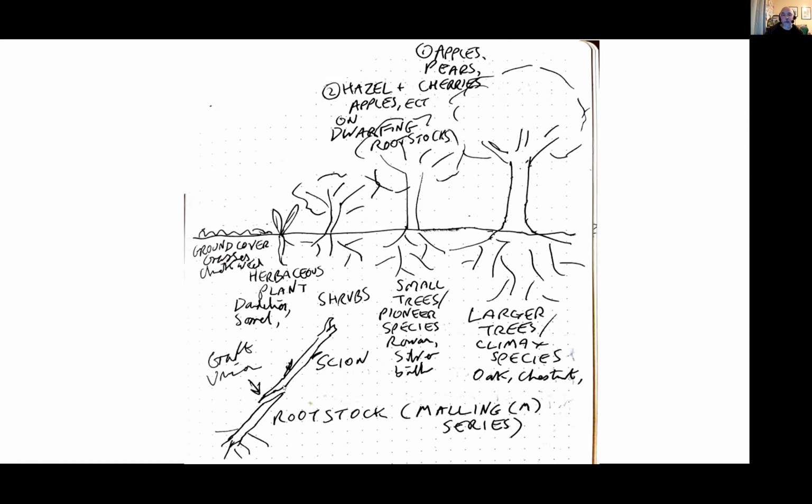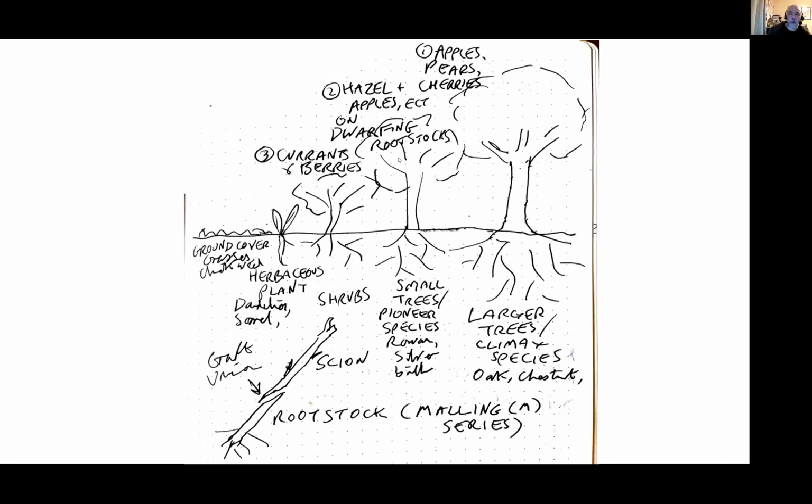And the two will fuse together over time, and then you've got your tree for planting out. So these might be our smaller trees that are growing on dwarfing rootstocks to control their size.